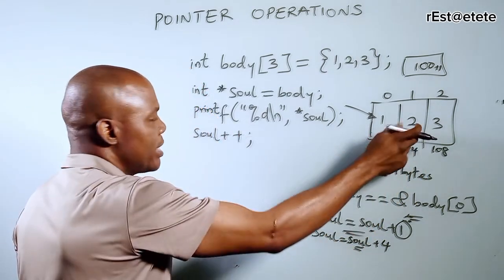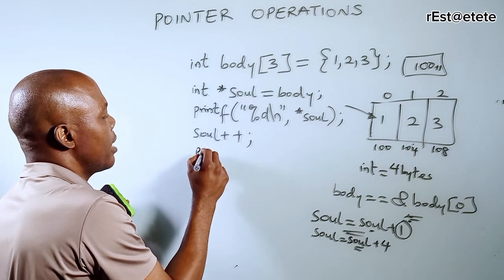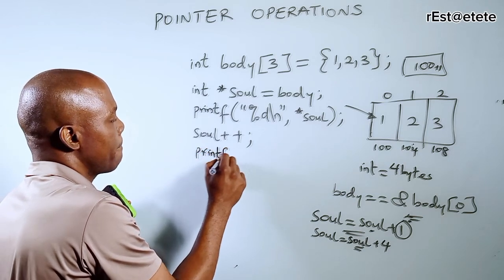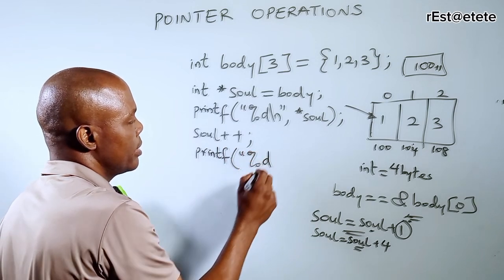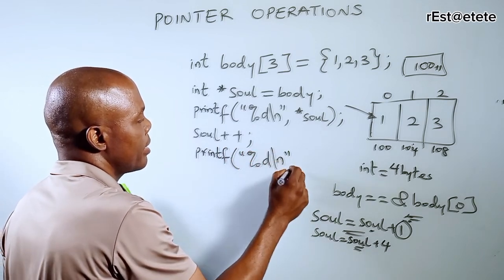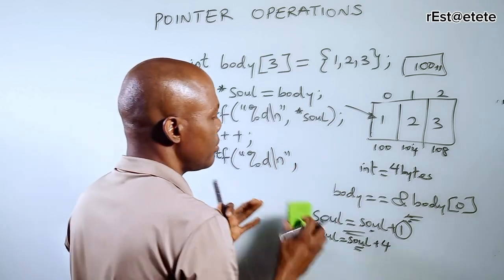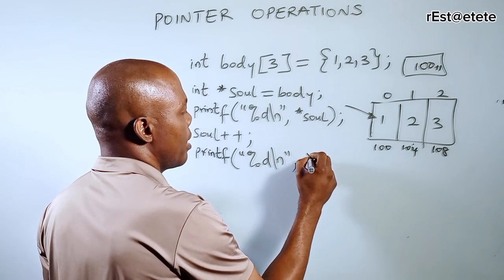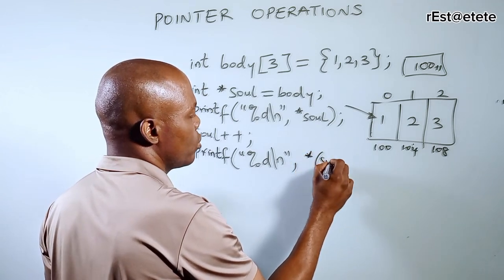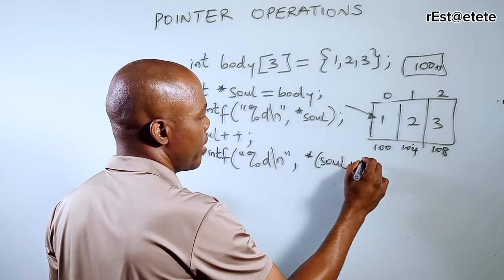Now, if I want to access this value, I will say printf %d \n, comma, asterisk sol plus 1.